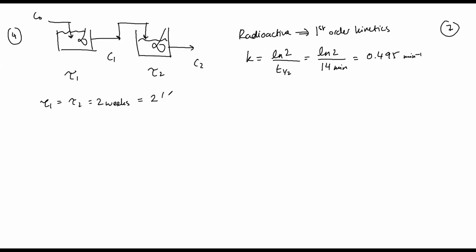So 2 weeks, 7 days a week, 24 hours a day, 60 minutes an hour, right? Let me just get this calculator here. Okay, 2 by 7 by 24 by 60.